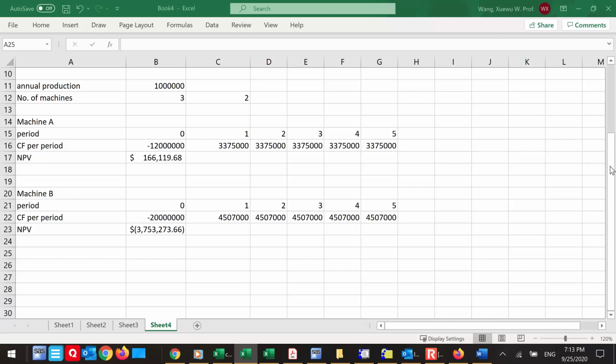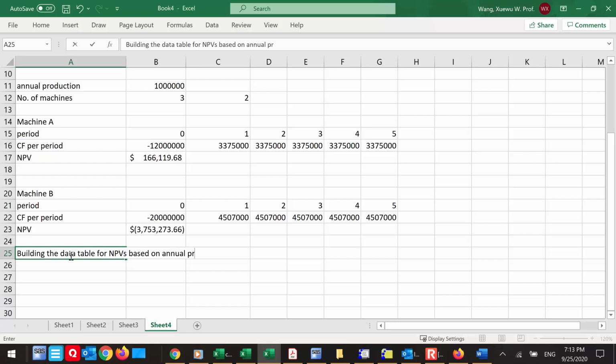Okay, so I'm going to look at building the data table for NPVs based on the annual production.